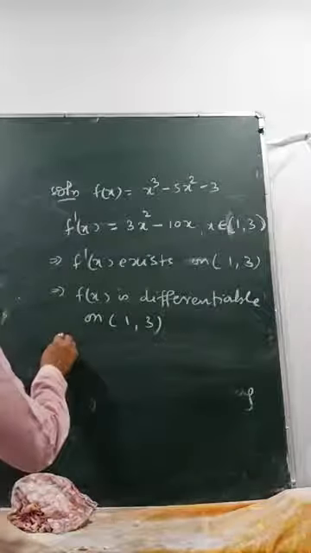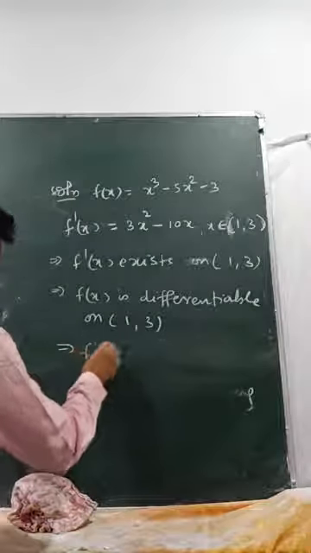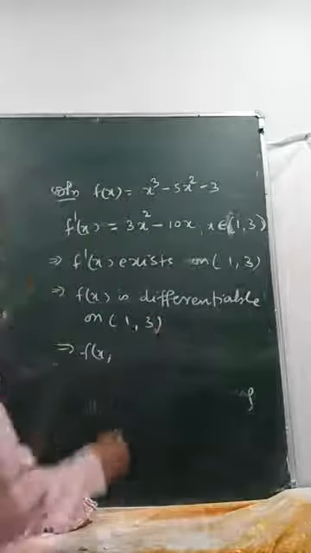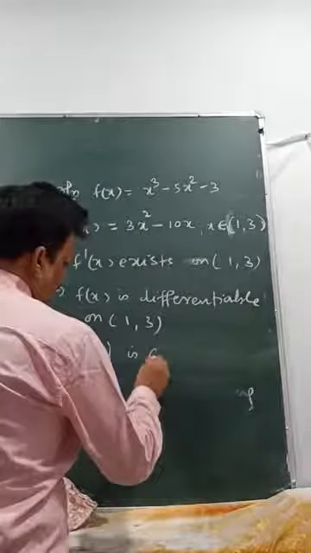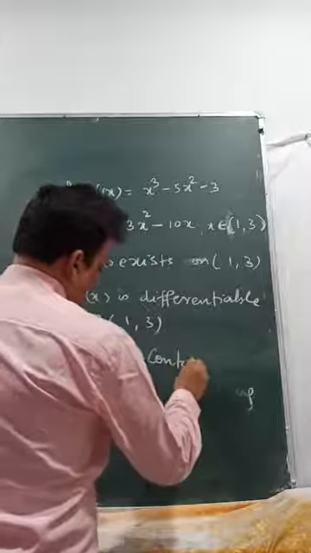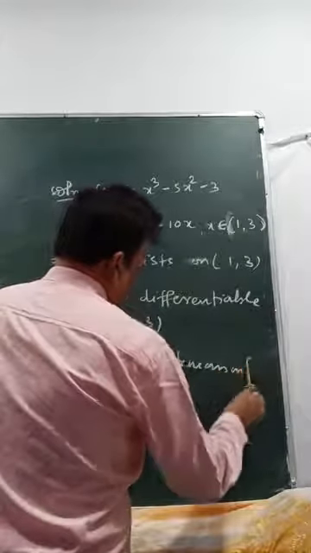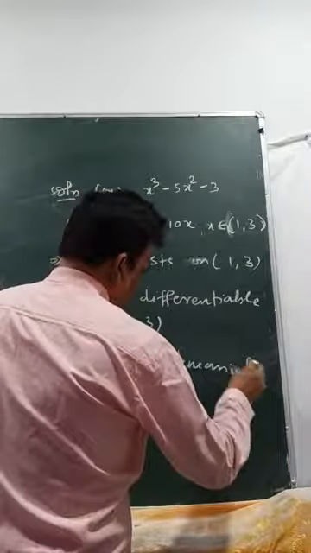Then this implies, because if it is differentiable, then it is also continuous, f(x) is continuous on [1, 3].